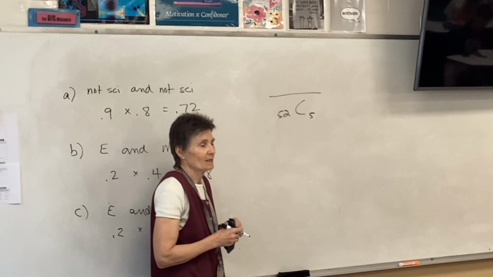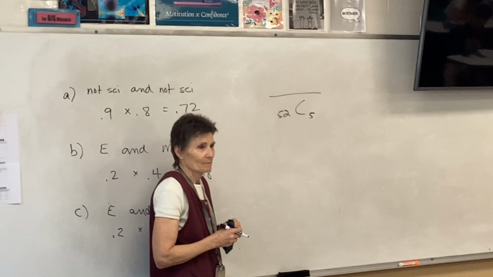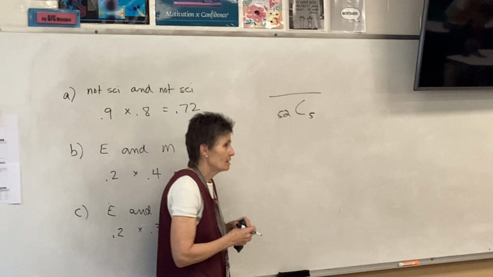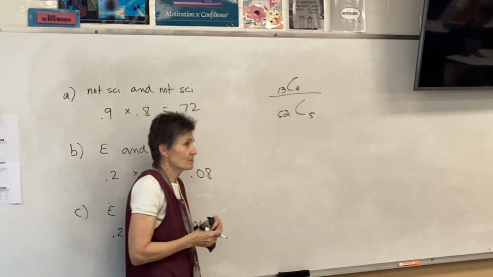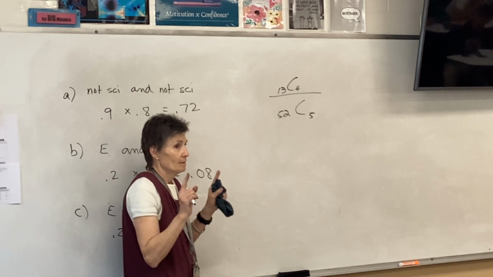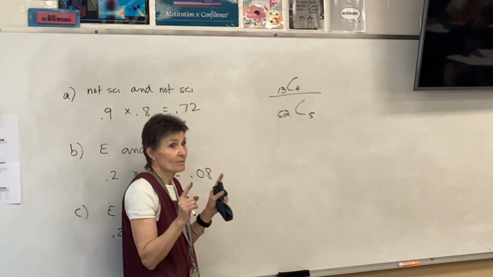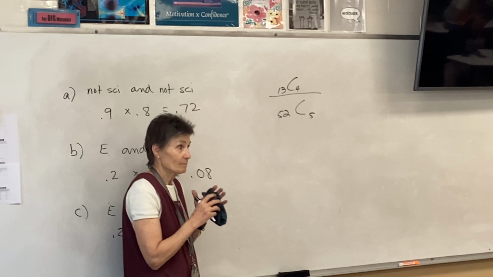What's my numerator look like? What do I need? 4 hearts. How many hearts are in the deck? 13. So isn't that 13C4? But there's another card. Remember, how many cards are in this hand? 5.